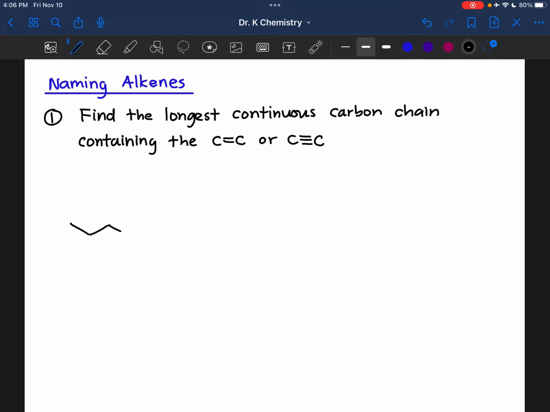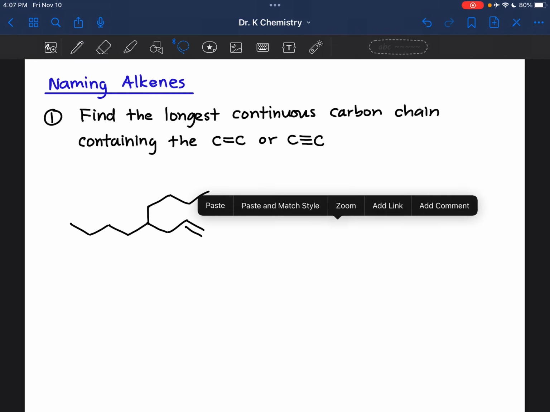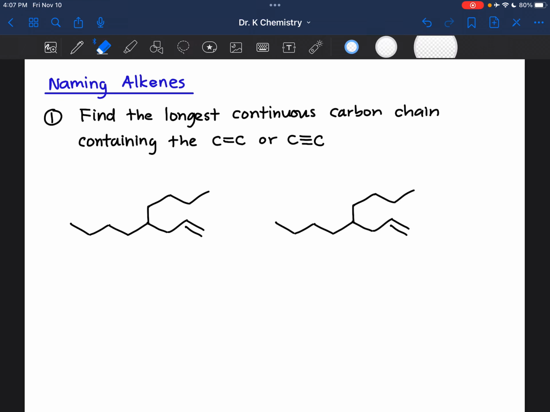So let's take a look at an example of how this could potentially go wrong. Okay, so let's say that I have that molecule. Typically, we start by numbering left to right, and usually what we do is we look for the absolute longest continuous carbon chain.